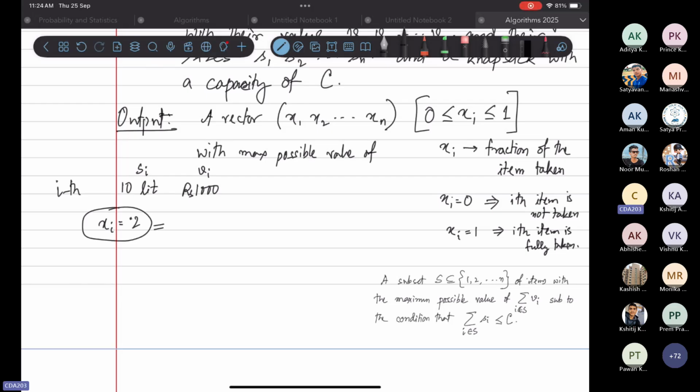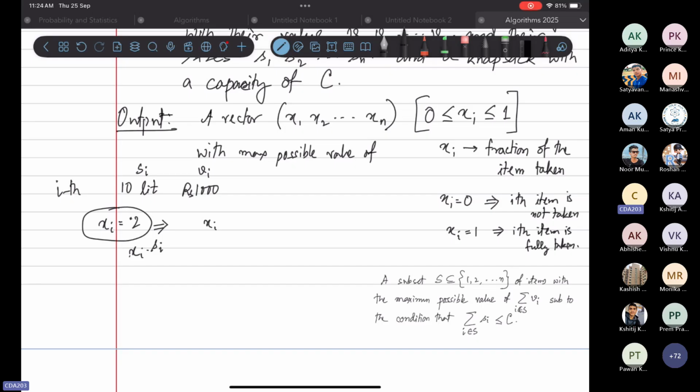This actually tells that I'm choosing how much of that item. 2 liters, right? So the item size is now 2 liters. And what is its corresponding contribution to the value?